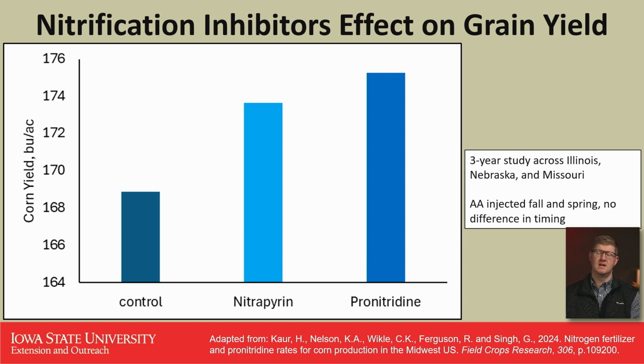Statistically, no difference. And when you think economically, is that even enough to maybe cover the cost of the product? Maybe. You might break even. You may not. I think it depends on the year and the price of everything that you're working with.